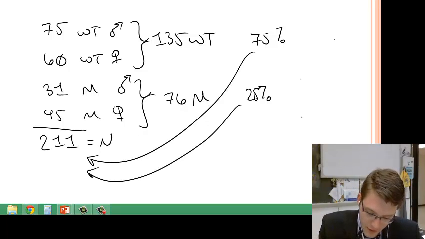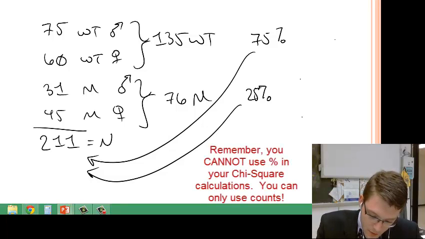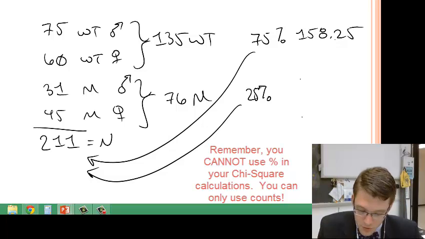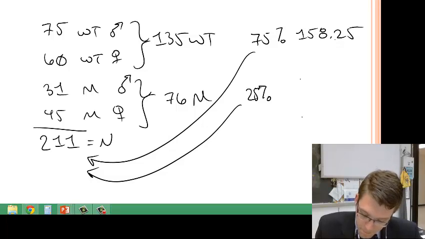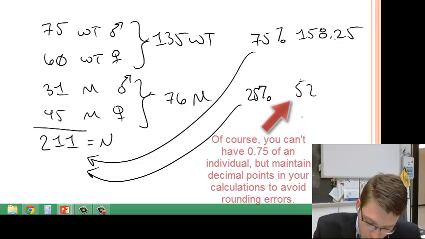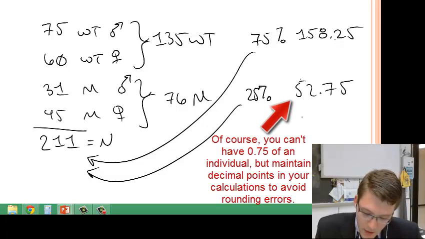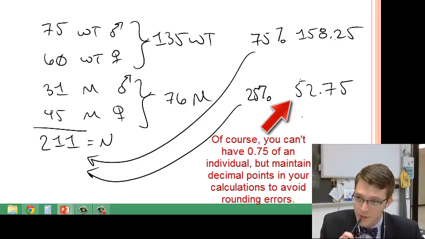And whenever we do that, we get 158.25 expected individuals for our wild type phenotype, and 52.75 individuals for our expected mutant phenotype.